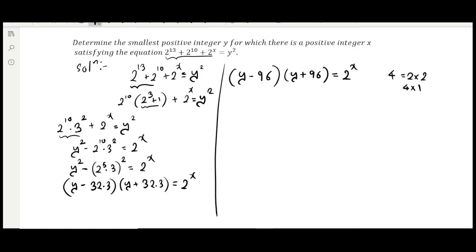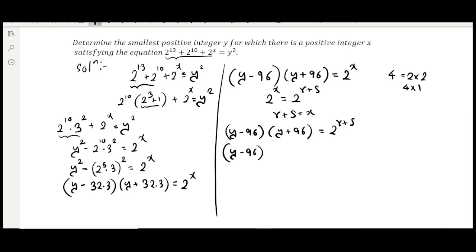So we can consider that 2 raised to power x is nothing but 2 raised to power r plus s, meaning r plus s is equal to x. Basically we are splitting 2 raised to power x into two terms. We write y minus 96 into y plus 96 as 2 raised to power r into 2 raised to power s.